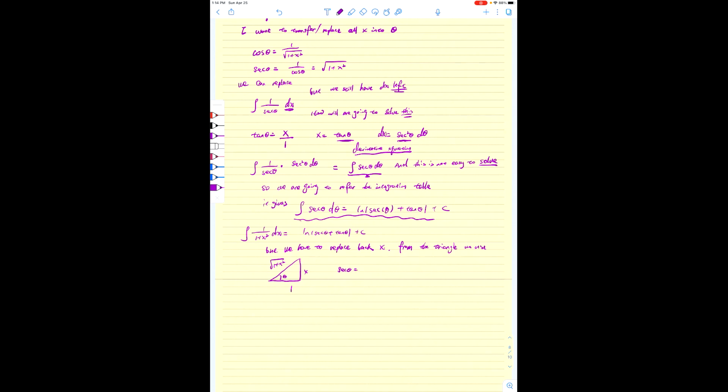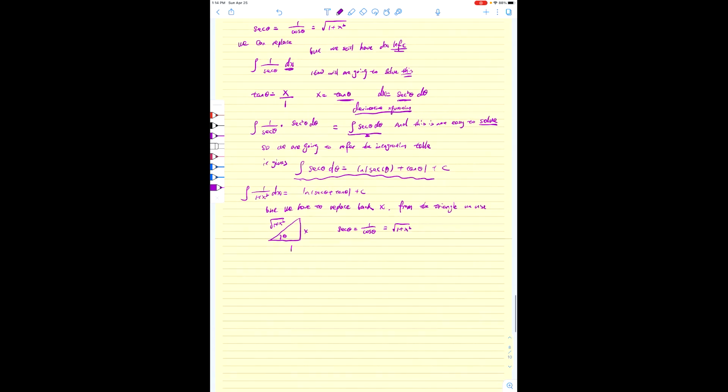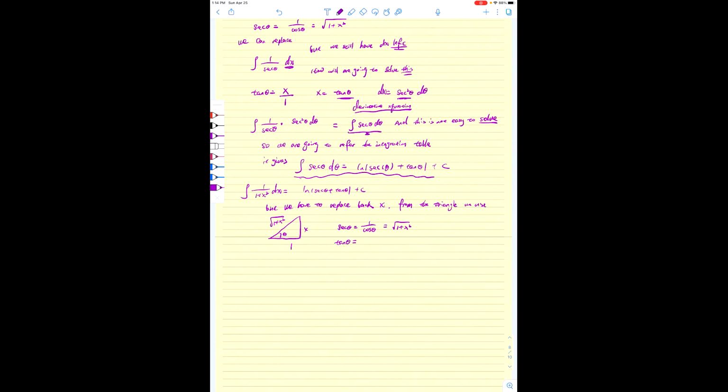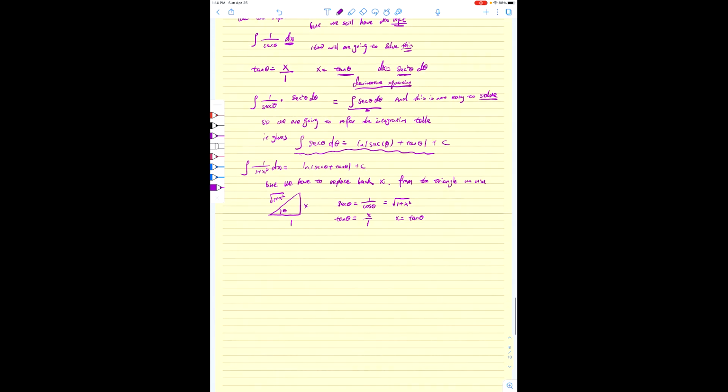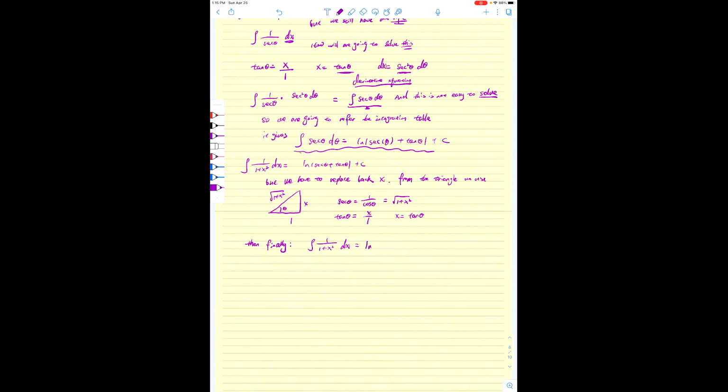So secant is equal to 1 over cosine theta, which is equal to the square root of 1 plus x squared. Tangent theta is equal to x divided by 1, and x equals tangent theta. Then finally we get the square root of 1 plus x squared plus x plus c.